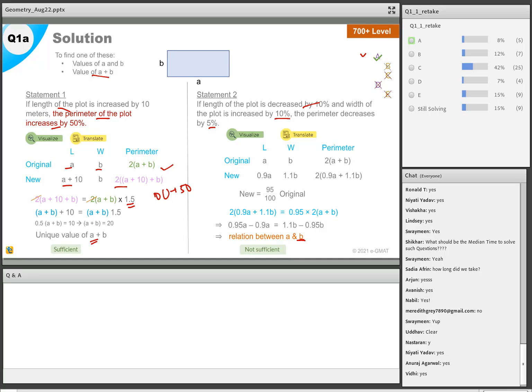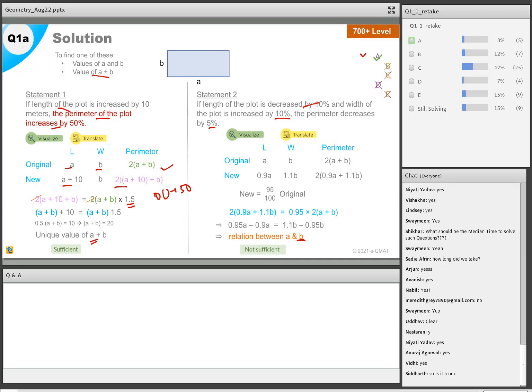Right? Okay, so with that, let's now move on to the second process skill question. Again, we are going to solve another question, an easier question first, and then the next question. So it's A or C? No, okay.